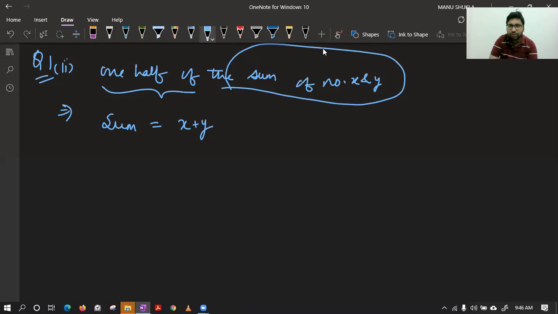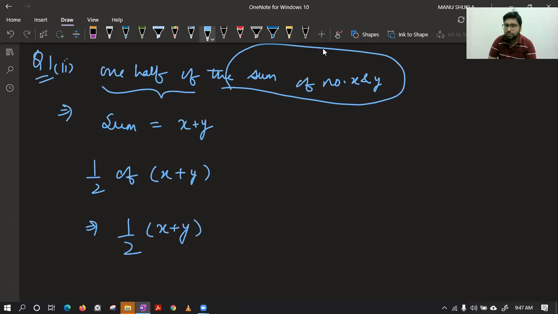So 1/2 of x and y means 1/2 of x plus y. So the answer is 1 by 2 (x plus y). That's it, Mokshita. Simple. No Rishi, not minus half. It is getting multiplied in this.